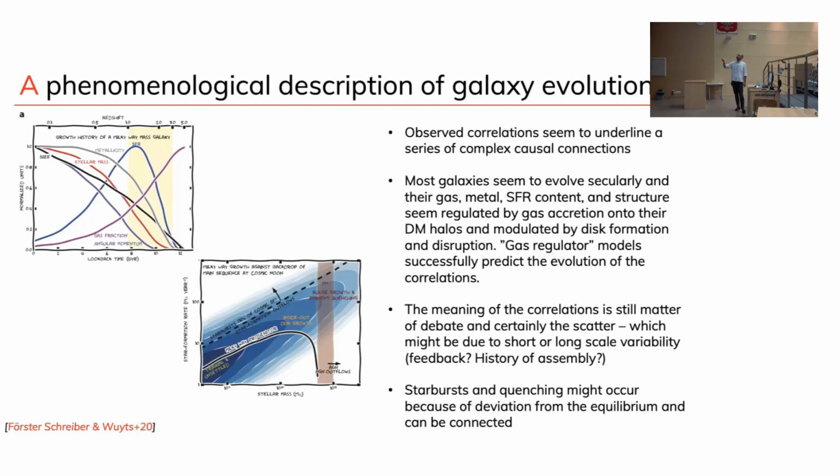Now, what is the meaning of the existence of all these correlations? Are there correlations that are more fundamental than others? Can we come up with good models to represent how typical galaxies are evolving? And I showed you some examples that even with analytical calculations, they're very successful at figuring out how galaxies are evolving.